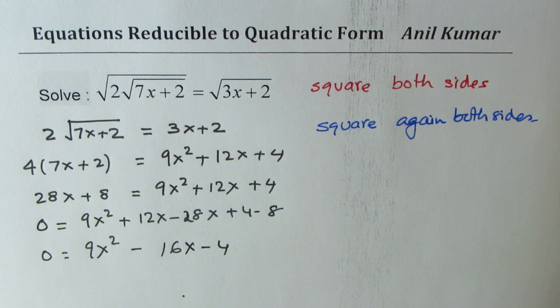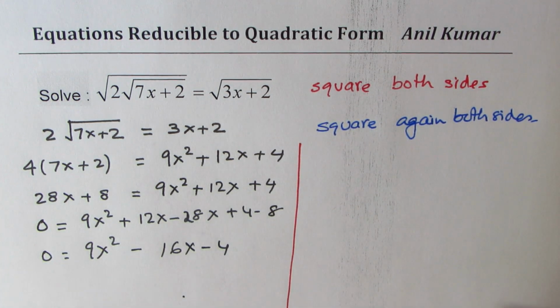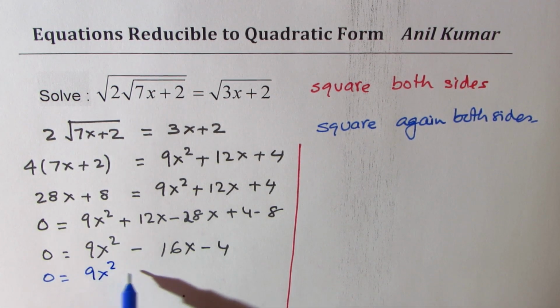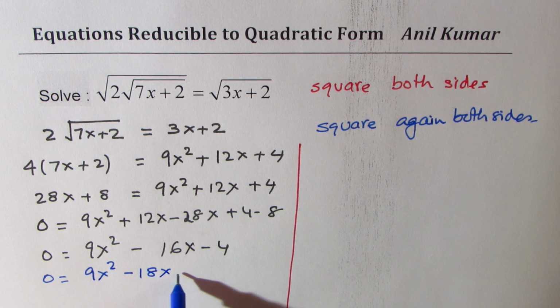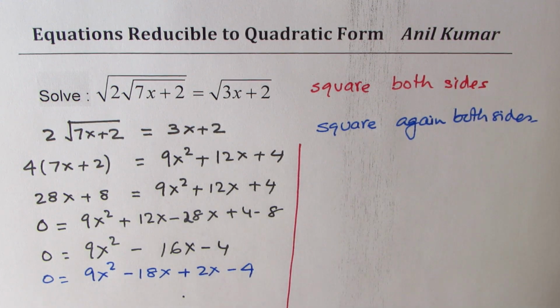So that becomes the quadratic equation to solve, and we are now looking for the product of 36, right? So we're looking for two numbers whose product is 36 and the sum is 16. So what could those numbers be? 18 and 2 can work for us, right? So we could write this as 9x squared minus 18x plus 2x minus 4, correct? Now let's take this equation to the right side and solve.